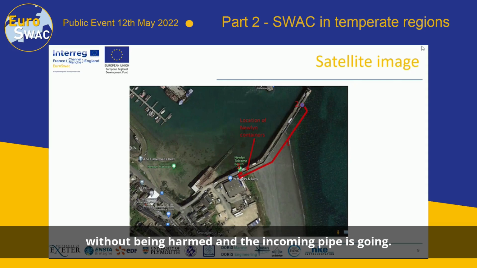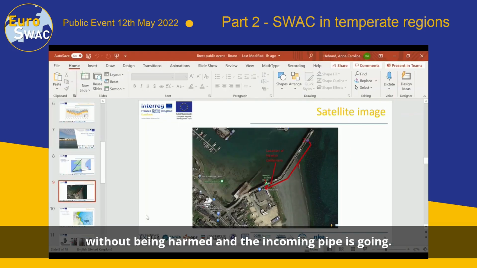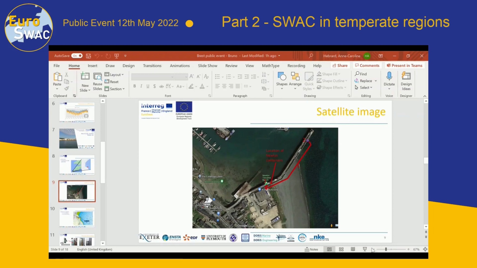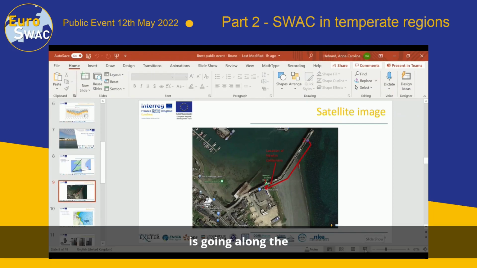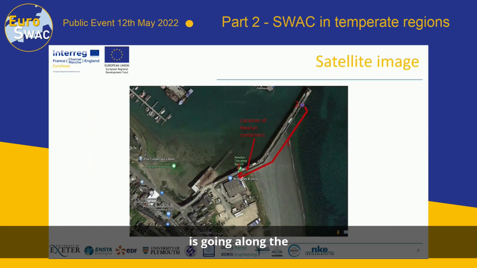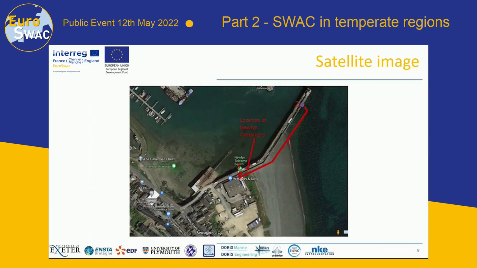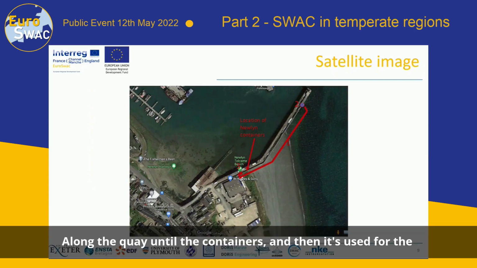The incoming pipe goes along the quay to the containers, and then it's used for the process, and the water is rejected in the sea just close to the containers.